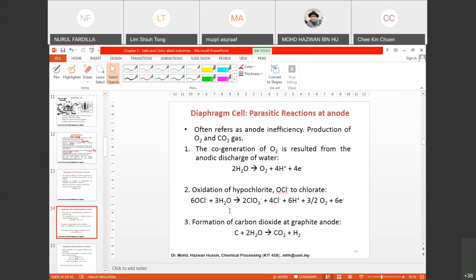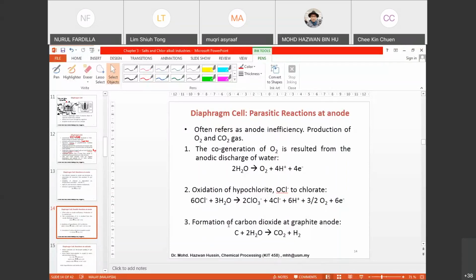Right. So once you have oxygen and the chloride ions present, you have a tendency for the formation of hypochlorite. When hypochlorite reacts with water, it will form chlorate, and later on this will be the problem.